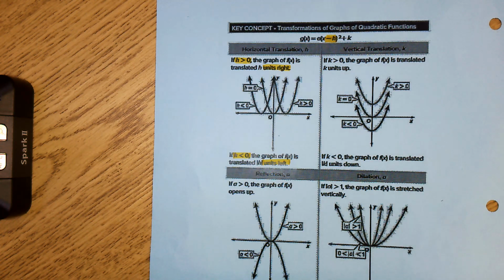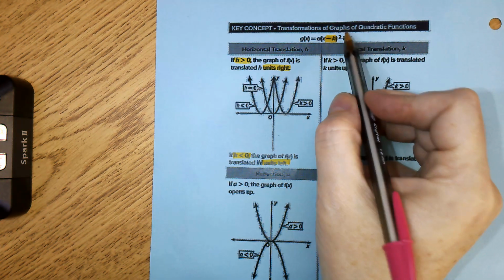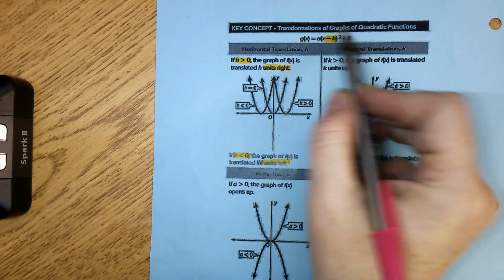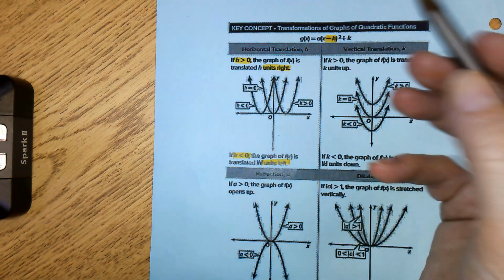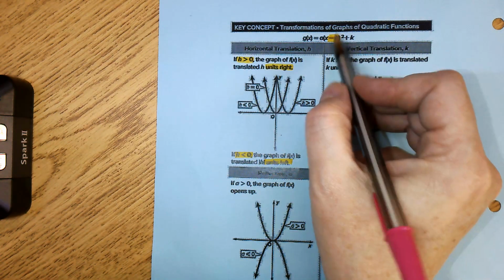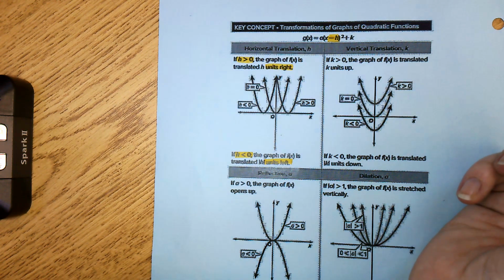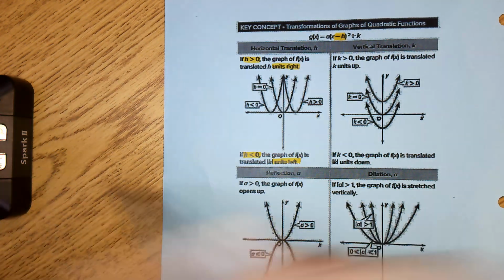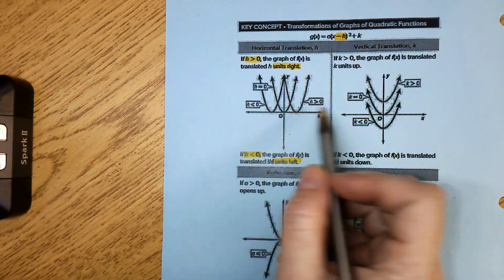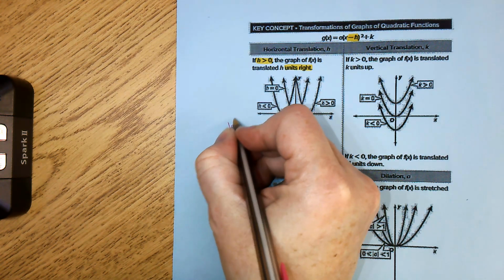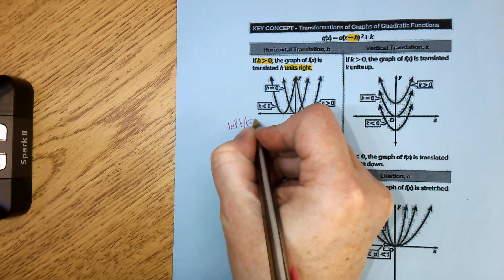You may have a graph, but you will also have an equation, and you'll be looking for these items in the equation itself. So h is inside the parentheses, so it affects the x, or your x-axis, so we're talking right, left.